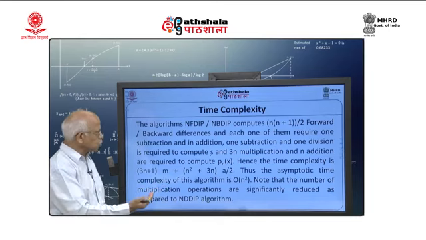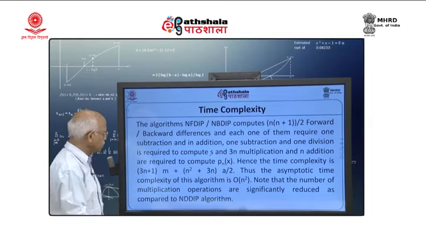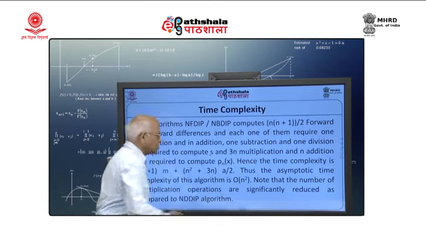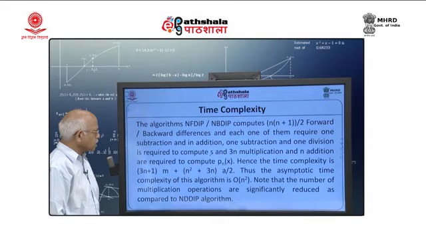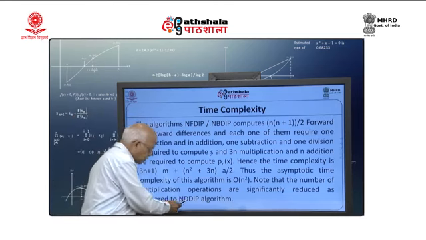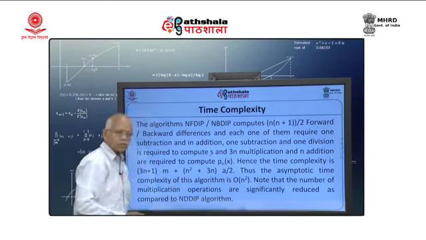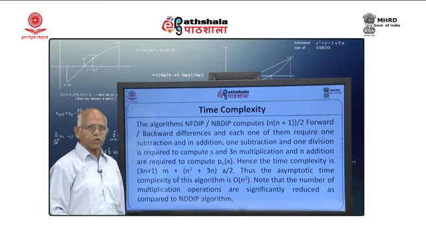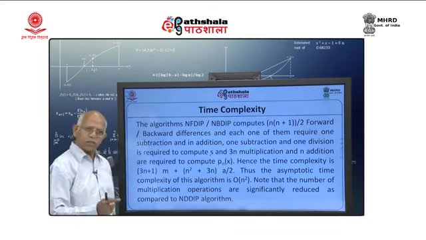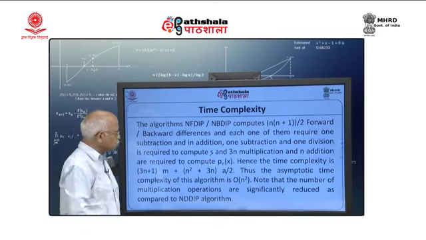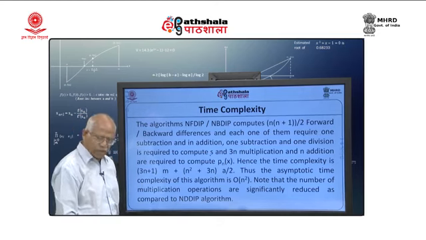Note that the number of multiplication operations is significantly reduced as compared to Newton's divided difference interpolating polynomial algorithm. The multiplications required there will be much more, and you can verify that from your previous modules.